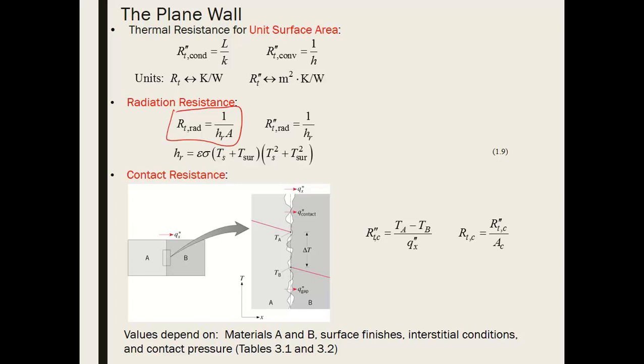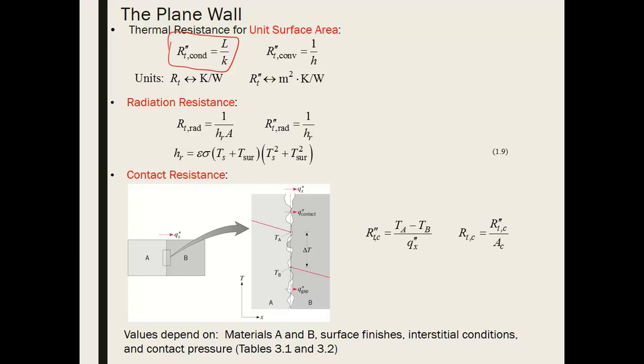Well, if you just multiply the whole thing through by area, now you're talking about thermal resistance for a unit surface area. So they're just interchangeable terms depending on whether you have information about the cross-sectional area that's appropriate for heat transfer. So the thermal resistance for a unit surface area for conduction is just L over k.